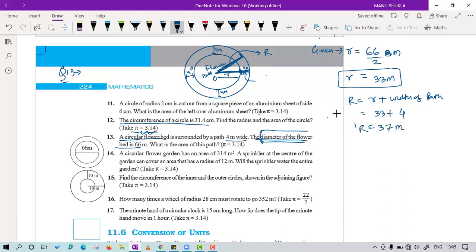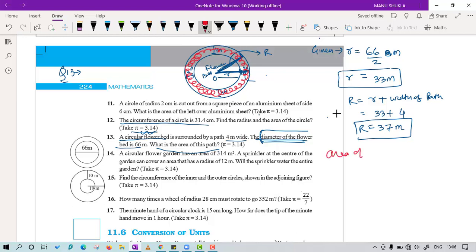So now we have got two things, the inside circle radius and the outside circle radius, and they are saying what is the area of path? Very simple. They want us to find this area. It's again like a ring given to us. We can easily find the area if we find the outside circle area minus inside circle area.